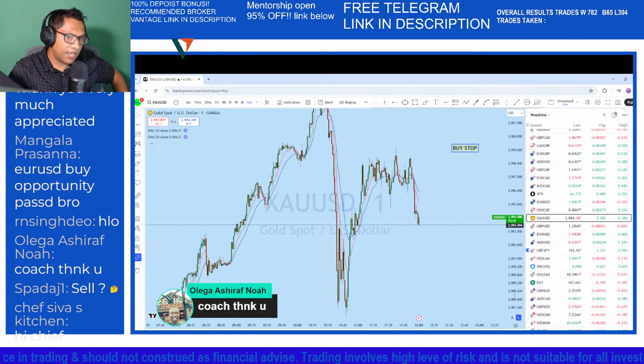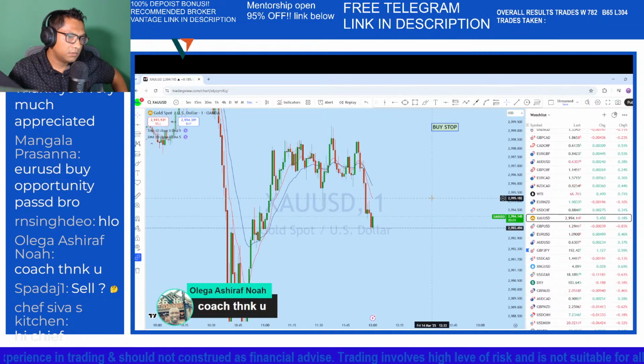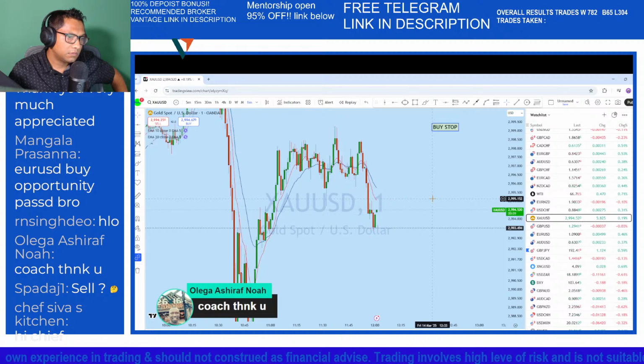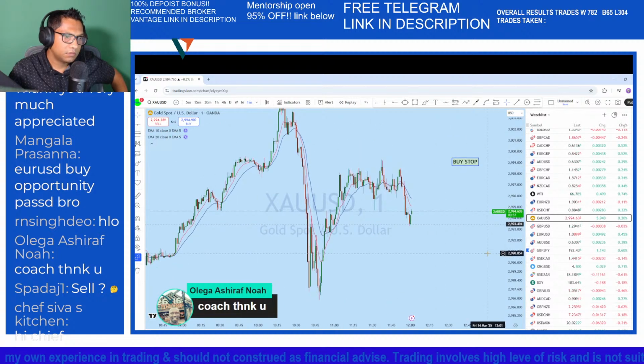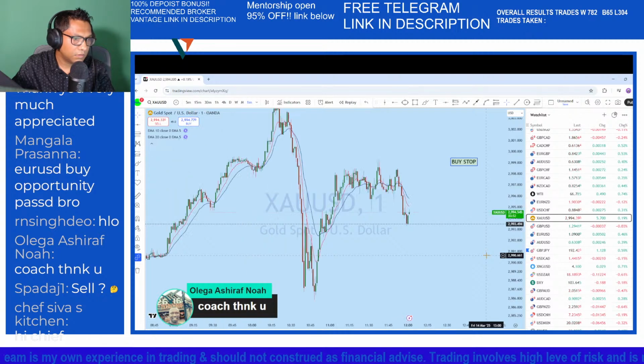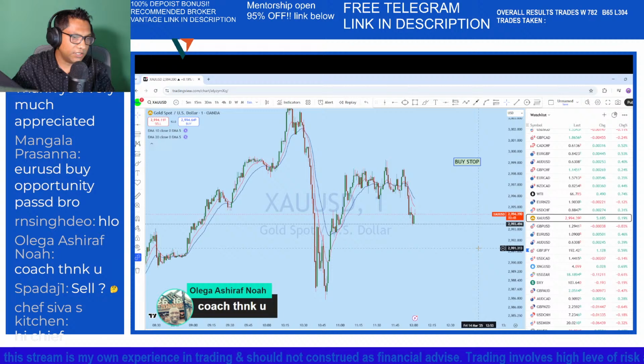Okay, so with this narrow doji formation, the trend is still moving.